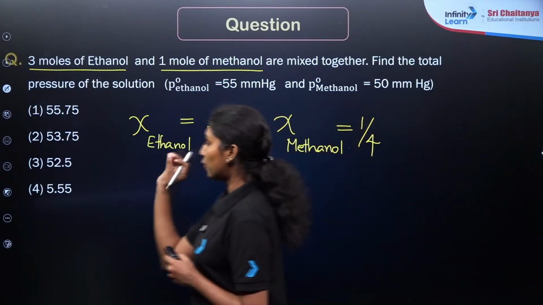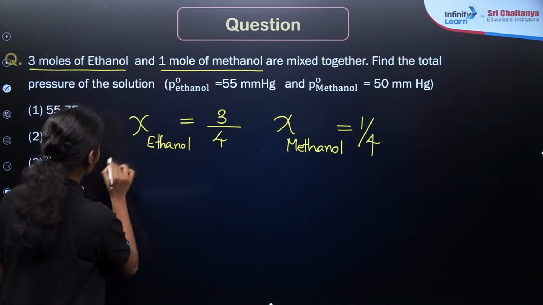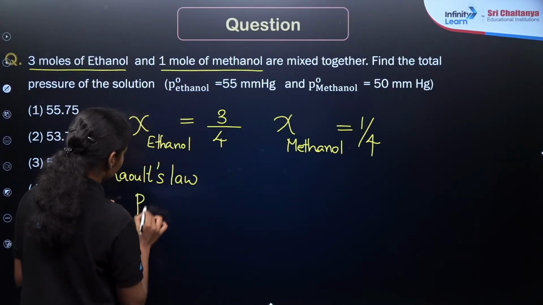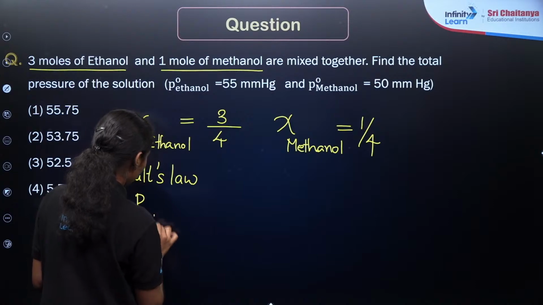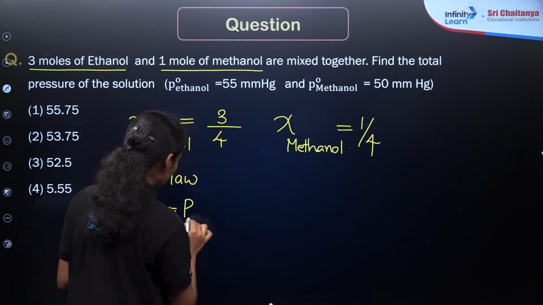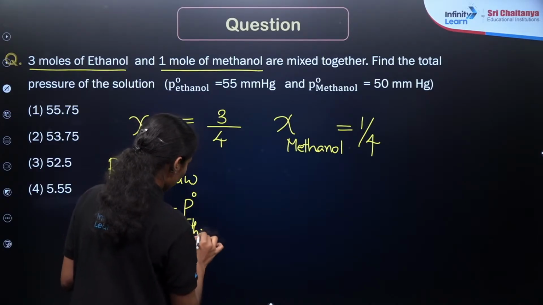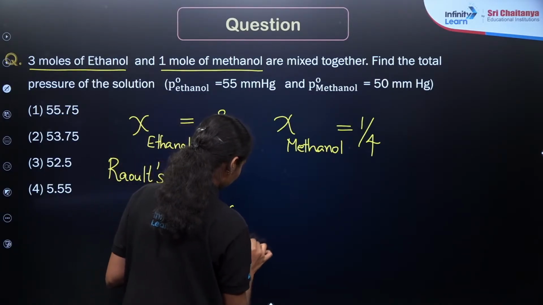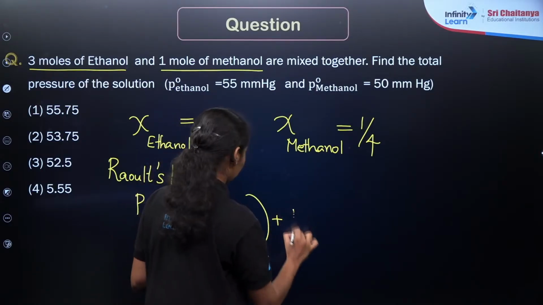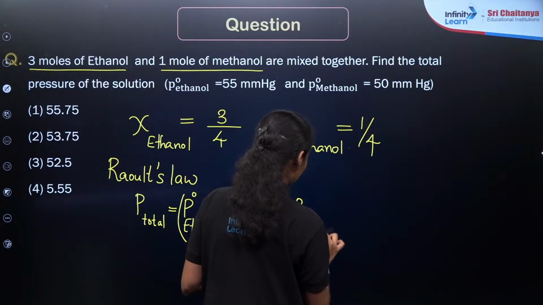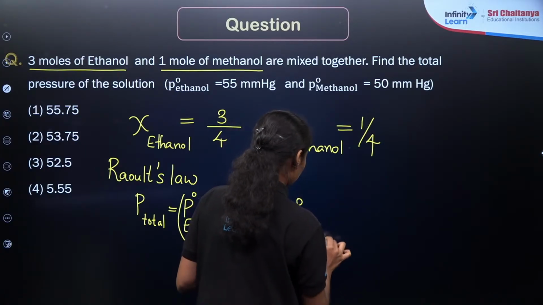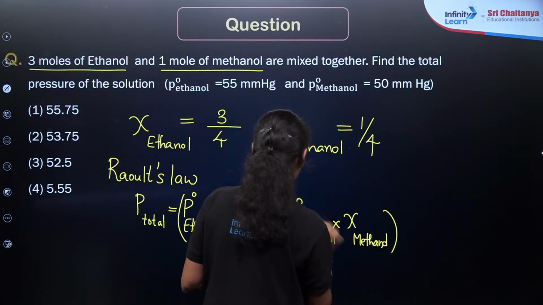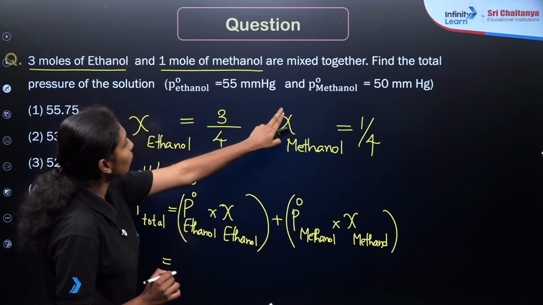Now, as we already found the mole fractions here, we can apply Raoult's law. It is already given for ethanol as 55, right?